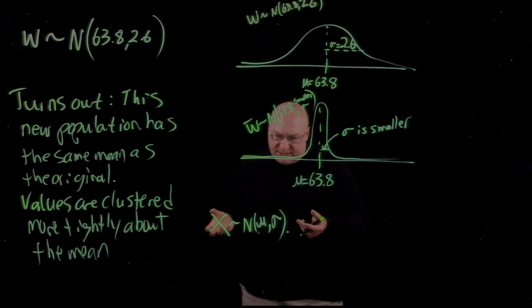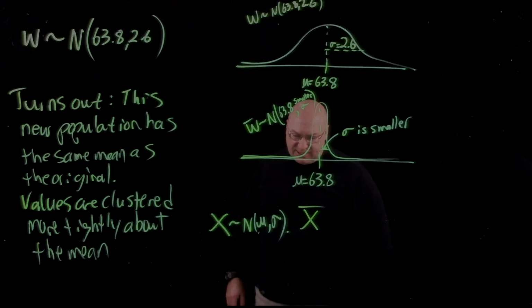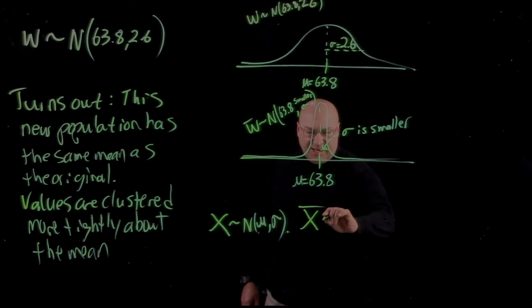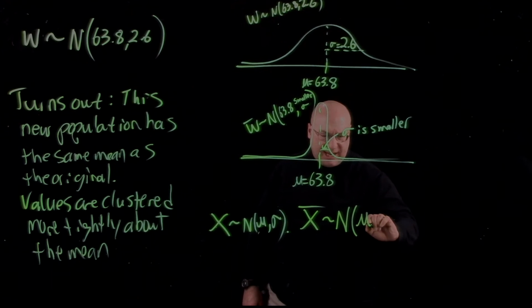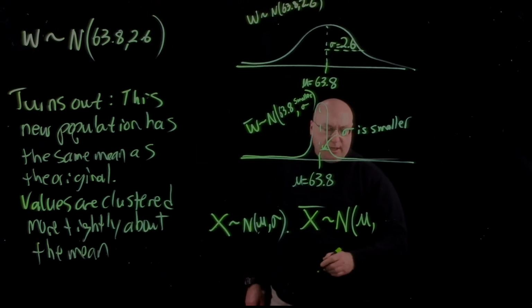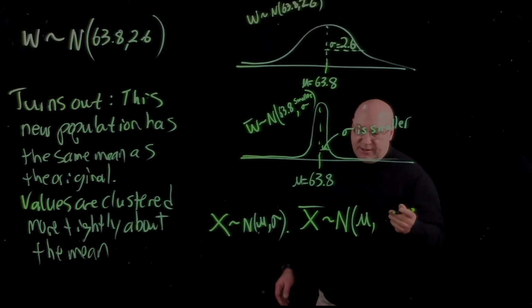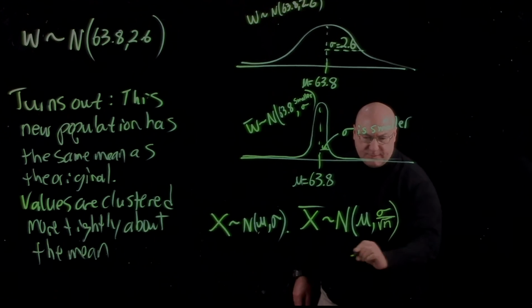The resulting set of data gives me a new random variable, X bar, and it is normally distributed with the same mean. But here's the kicker. The standard deviation is smaller. By how much? You take the original standard deviation and divide by the square root of the sample size.